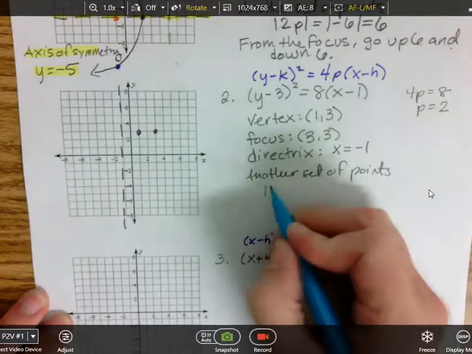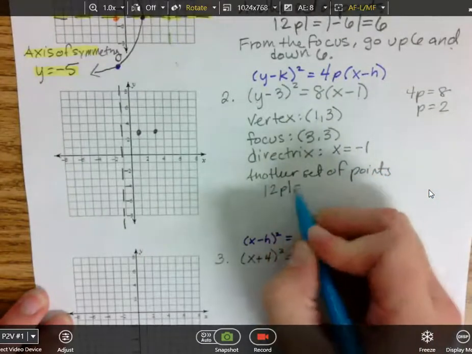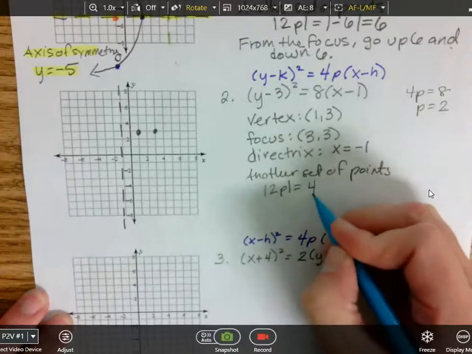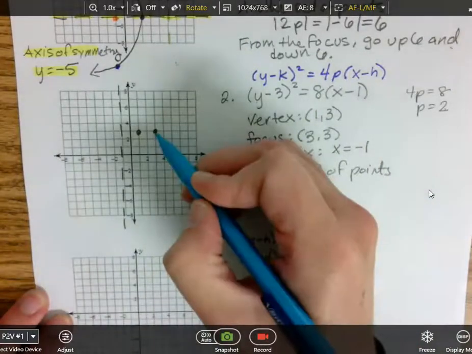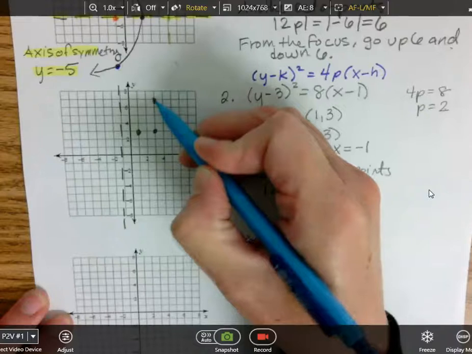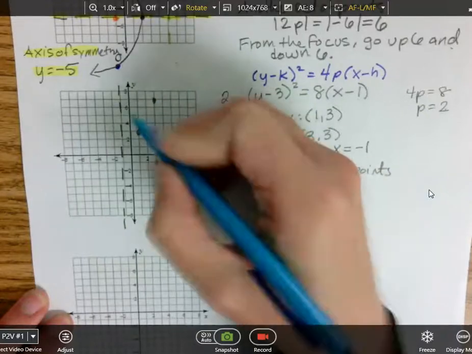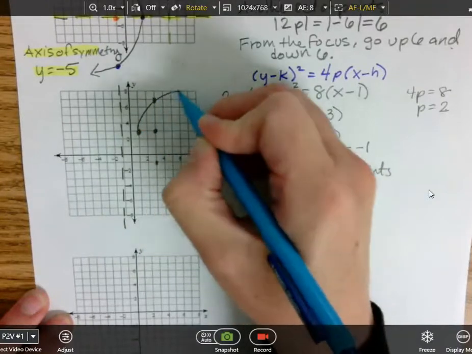I'm going to take absolute value of 2p, so 2 times 2 is 4. And from the focus, you want to go up 4 and down 4. So this one was my focus. Go up 4, go down 4, and then sketch your parabola.